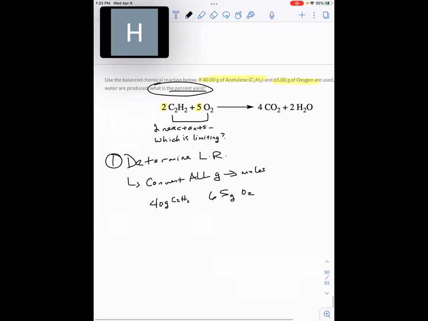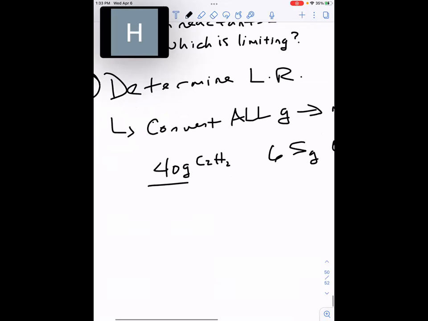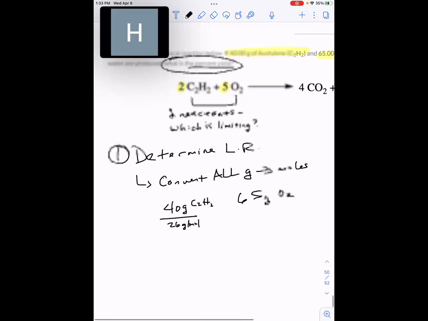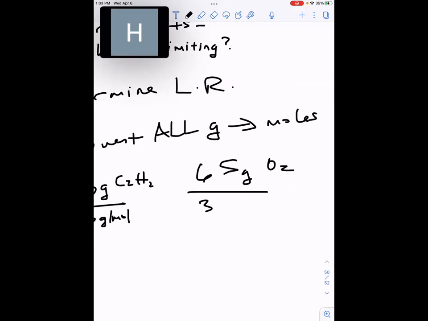Well, acetylene, we're just going to divide that by the molar mass. We can calculate it. 2 carbons is 24, 2 hydrogens is 2. So that's 26 grams per mole for acetylene, and that's going to give us moles. Here, we're going to divide by 32 because we have 2 oxygen atoms together, a diatomic. So that's 32 grams per mole.